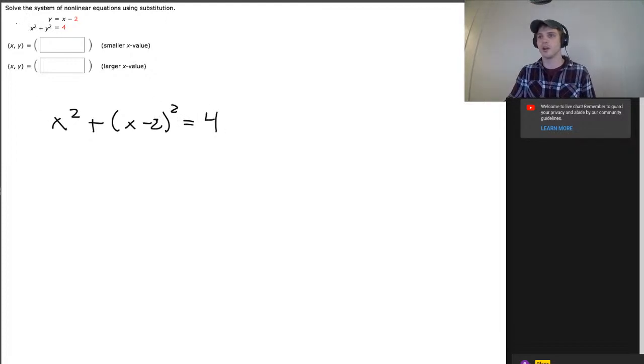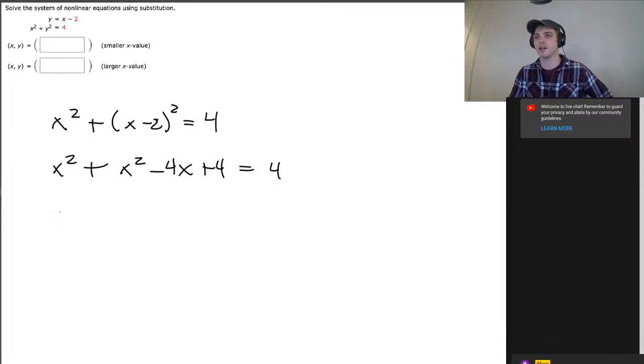So I took equation 2 and substituted in x minus 2 for y, if it's not clear what I did there. Now we just need to expand and solve. So this is x squared. Now we're going to FOIL these out. I get x squared minus 4x plus 4 equal to 4.